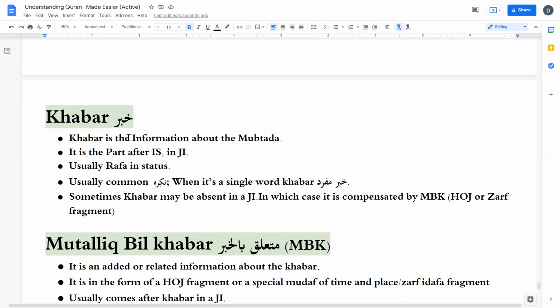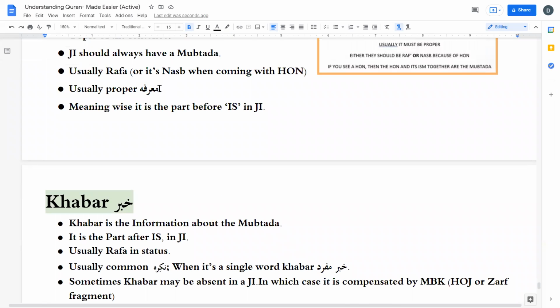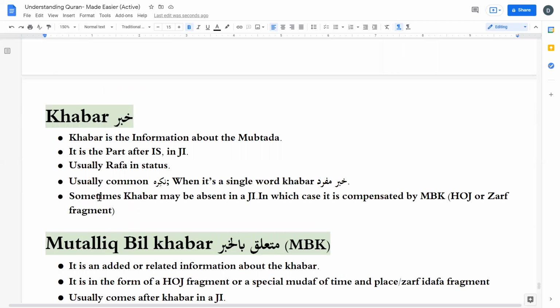Mubtada is mostly proper: ar-rajulu, Muhammadun, hada, huwa, antum. Mostly proper, but khabar is usually common, nakira, when it's a single word khabar, or khabar mufrad.